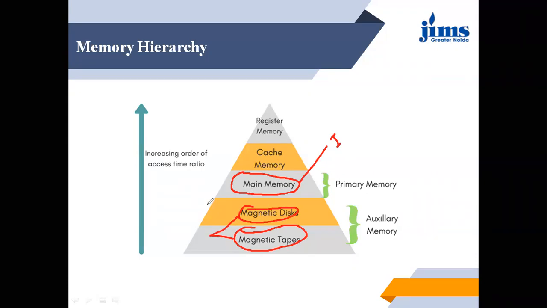This is a very important memory, called primary memory, or sometimes just memory. Magnetic disk and magnetic tapes are called auxiliary memory, sometimes secondary memory. So let's start with the main memory.